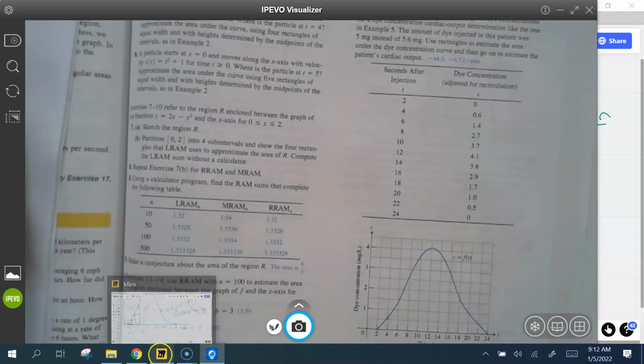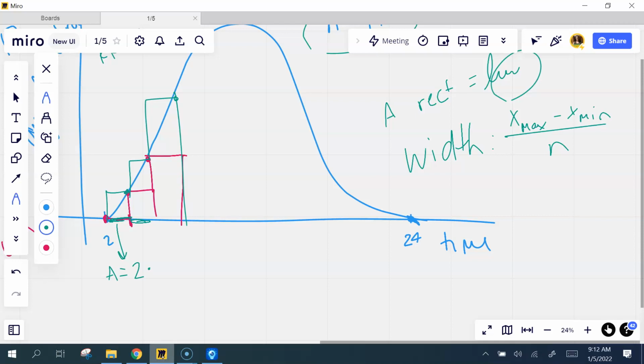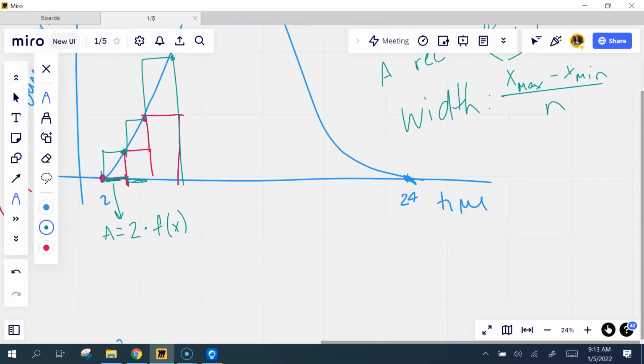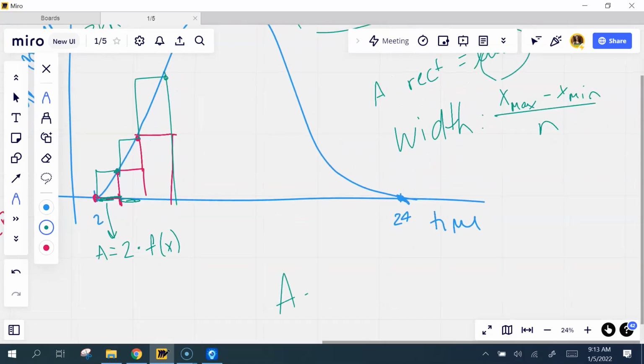Okay, so let's do them both because they're really quick. Once you pick up the pattern, they're really quick. So this would be times f of whichever x you're using. But what we'll do is we'll say the whole area, and we'll do left RAM.